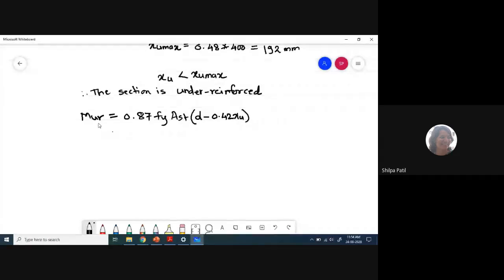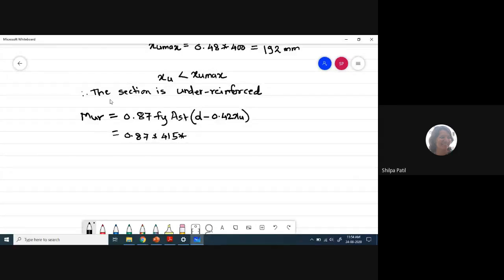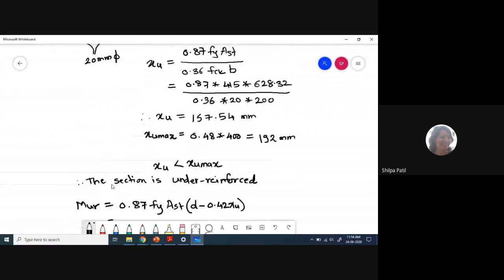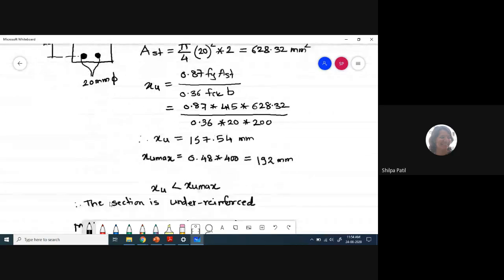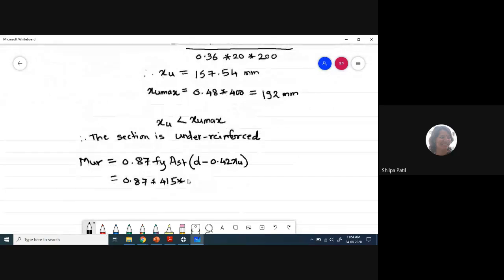So let us put the values here. 0.87 into Fy is 415 into AST. So what was the AST value? 628.32 into bracket.